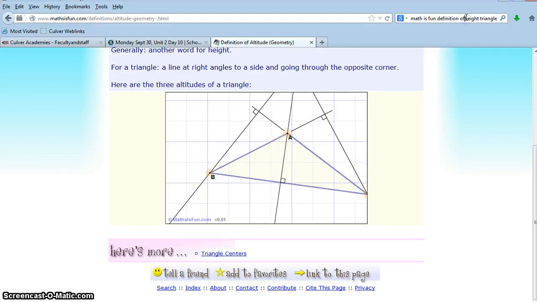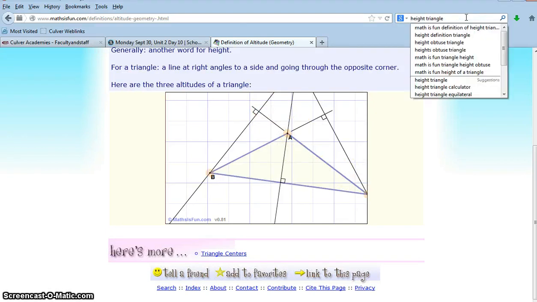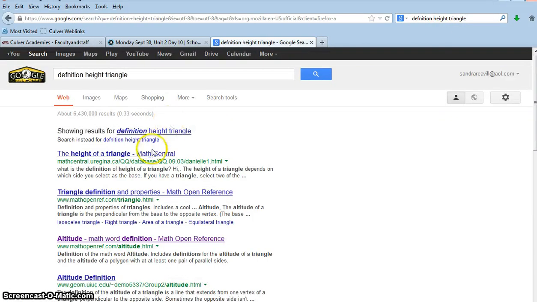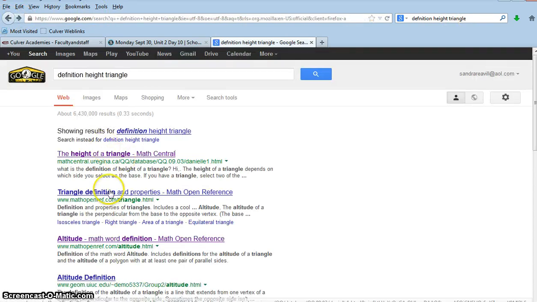So let's see if we can find an official definition for height. That seems like a long download, so I'm sick of it. Let's try openreference.com.